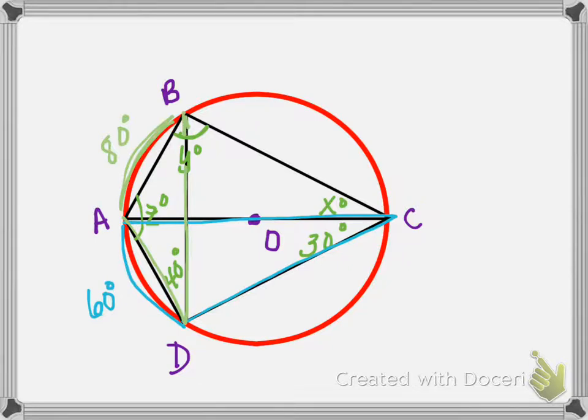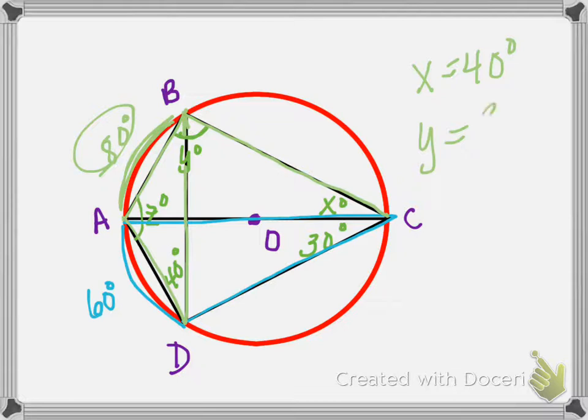So if this is 80, then what is x? 40 degrees. Now, looking at y, that one should be easy. I see that y is this angle, and it's inscribed in a semicircle, so it's a 90-degree angle.